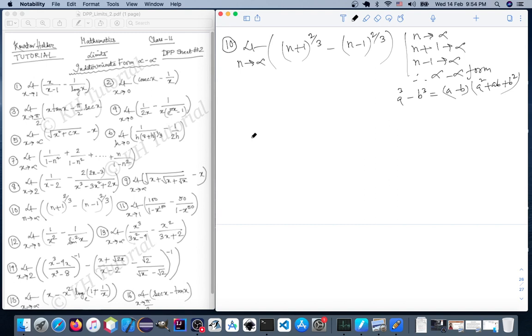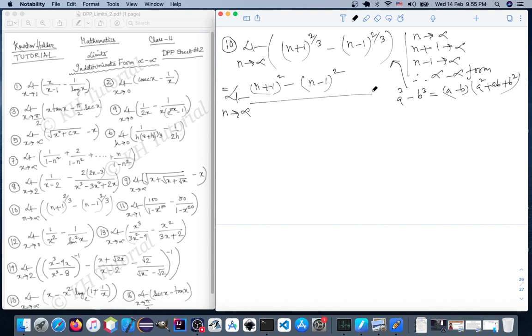So, applying this formula, we get limit n tends to infinity. In the numerator it becomes a cube minus b cube, so (n plus 1) square minus (n minus 1) square.